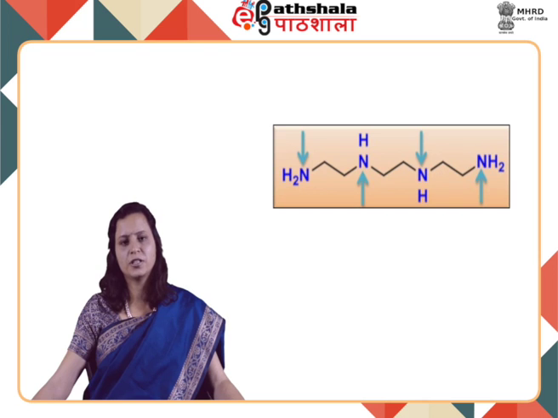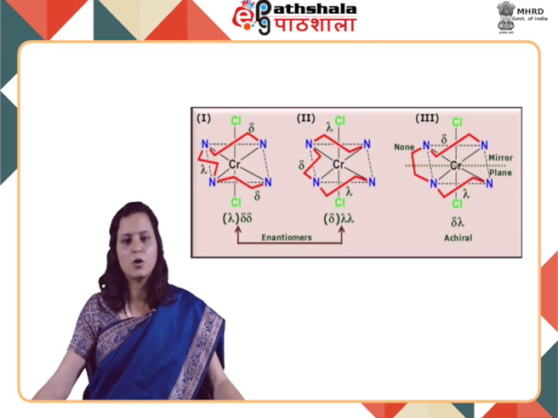Solution for this question. The structure of the triethylenetetraamine is shown here, and the 4 binding sites of the ligand are shown with the help of blue arrows. The conformations of the 3 ethylene rings are established by using the same method discussed in the previous section.